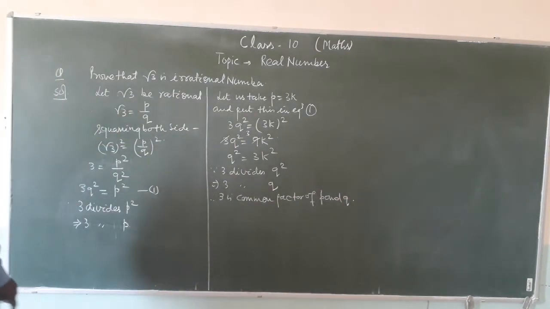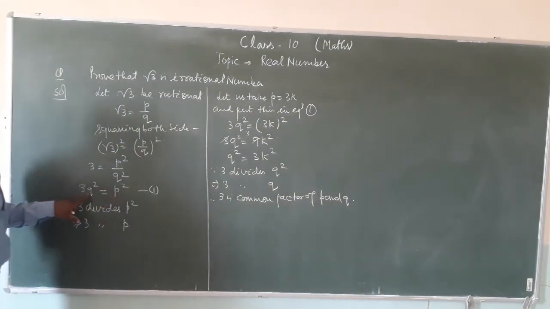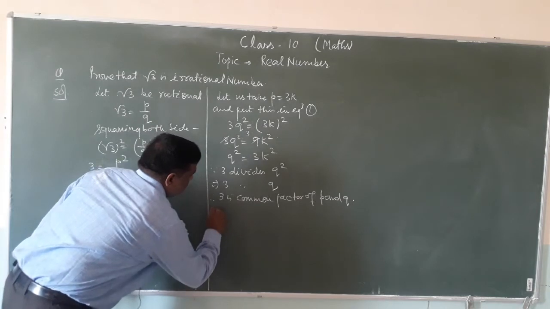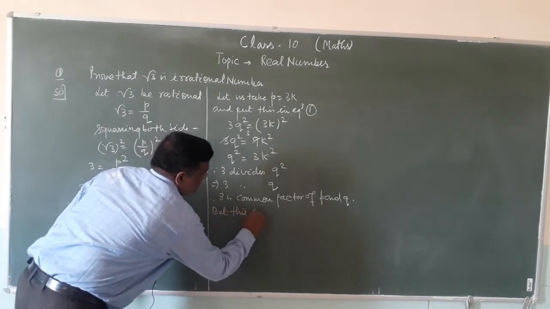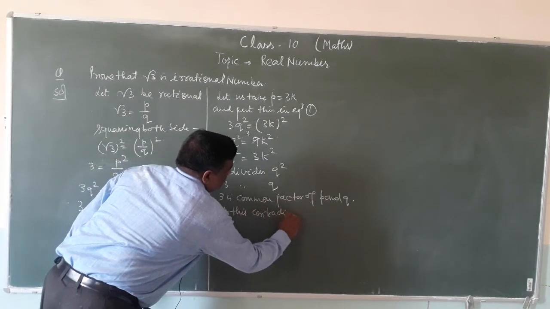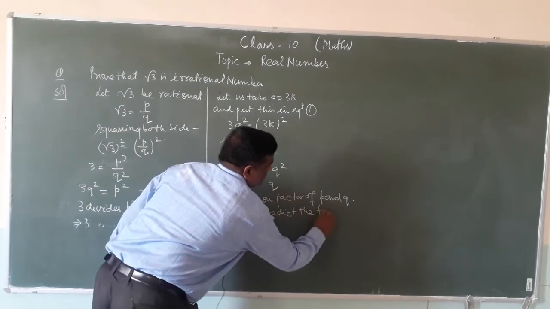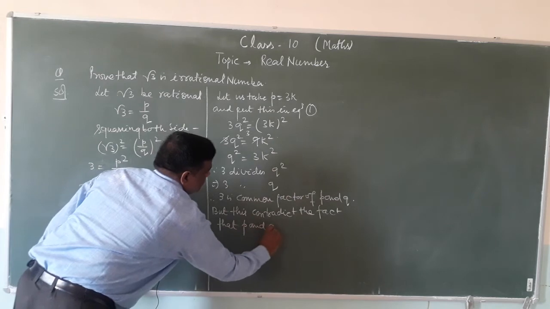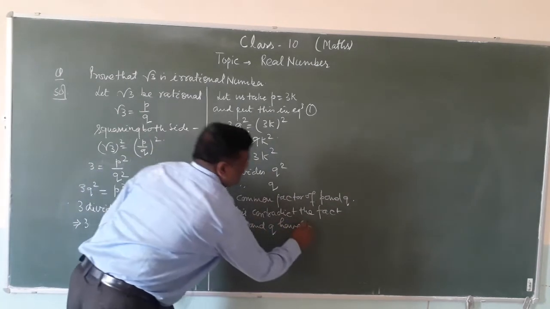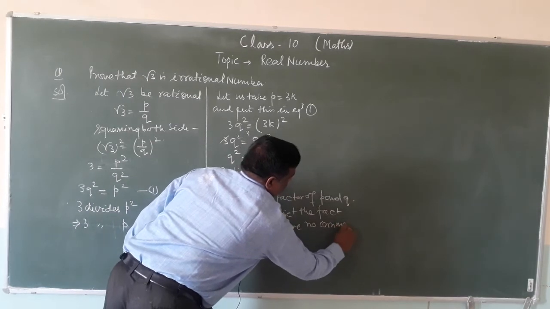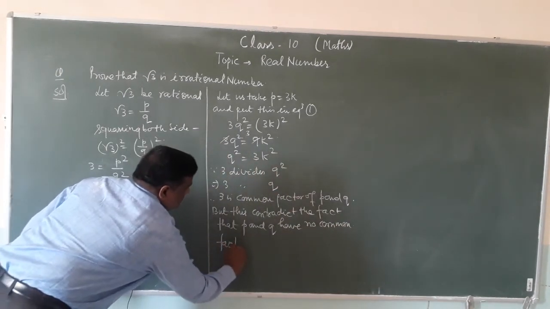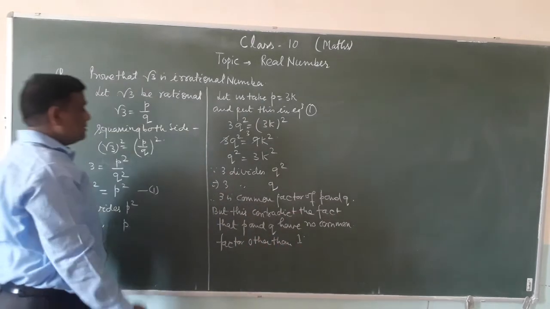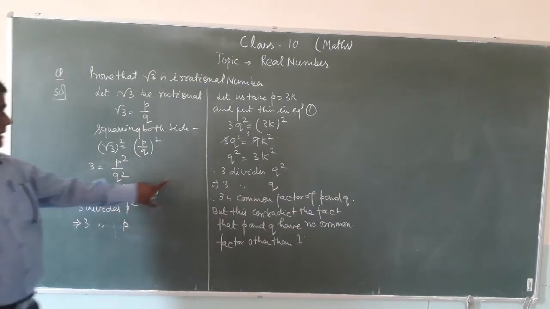But this contradicts the fact that p and q have no common factor other than 1, because 3 divides p square and 3 also divides q square.